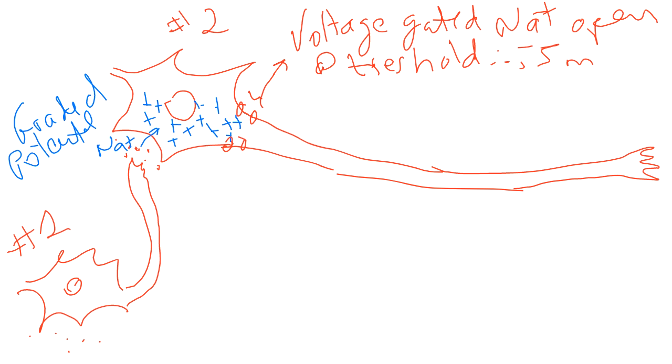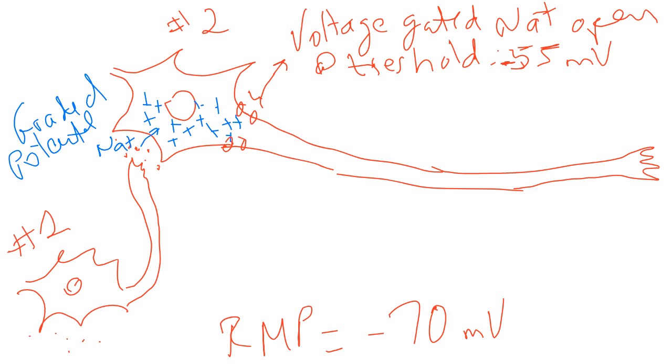Remember, resting membrane potential is minus 70 millivolts. So positive charges coming in from the graded potential make the area more positive. When it reaches minus 55 millivolts, all the voltage-gated sodium channels open and the area is depolarized all the way to positive 30 millivolts. This was called depolarization.